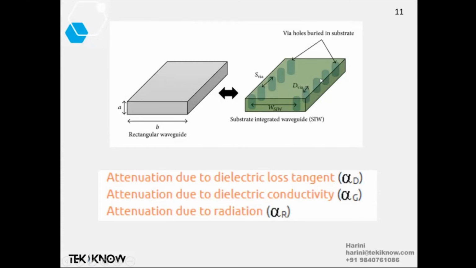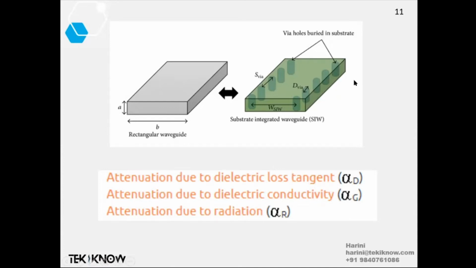To make the walls at the sides, we need to put in vias. You can study vias. If you place vias, that makes a wall at the sides. Those vias are buried in the substrate.